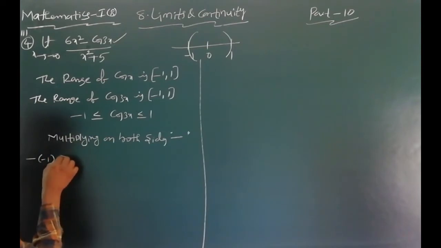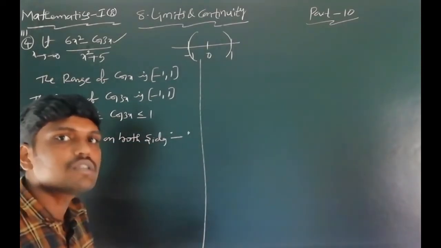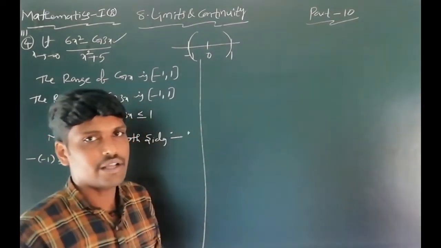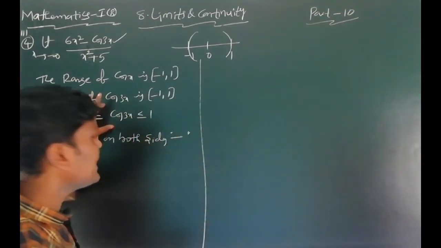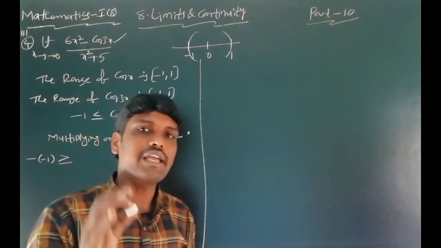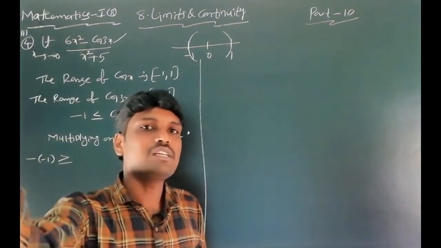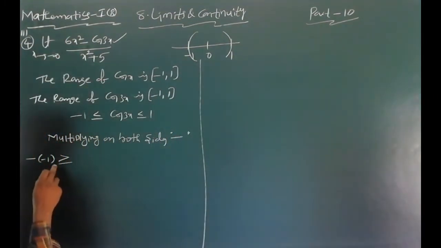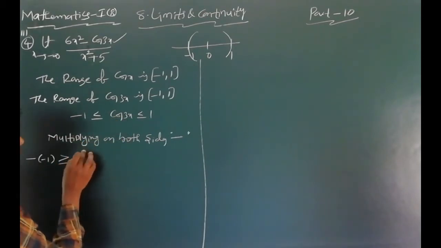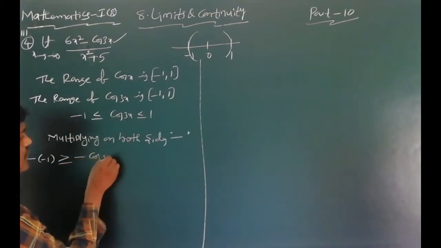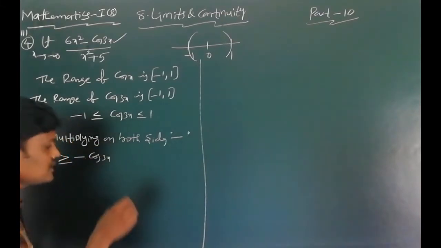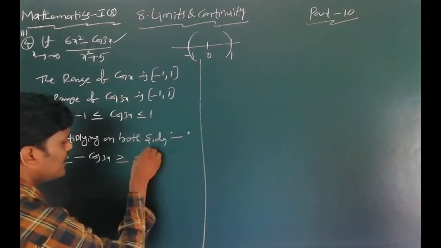When an inequality is multiplied by a negative, less than or equal to changes to greater than or equal to, and greater than changes to less than. So minus of minus 1 is greater than or equal to minus cos 3x, and the other side, less than or equal to becomes greater than or equal to minus 1.